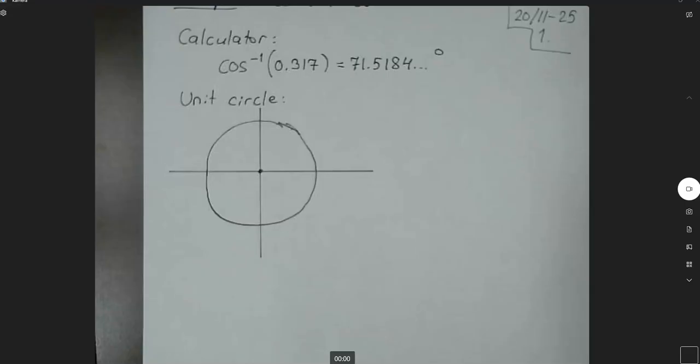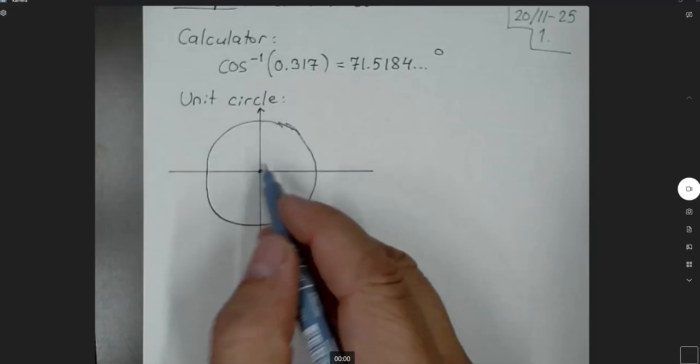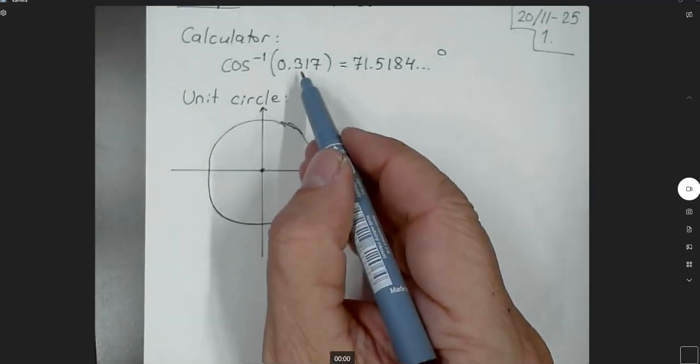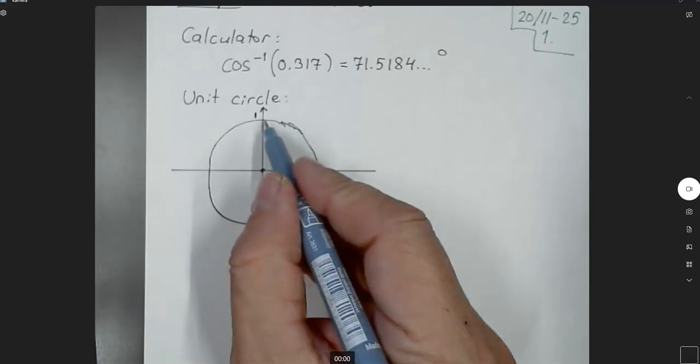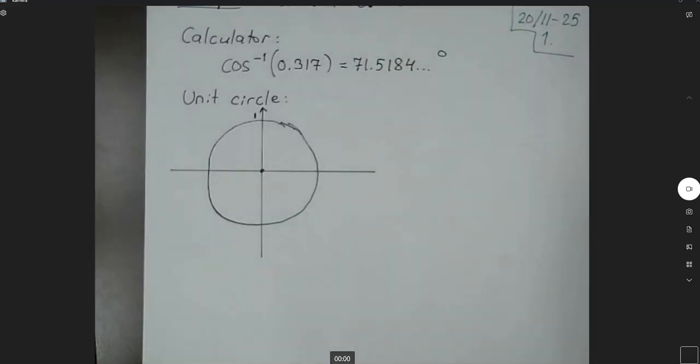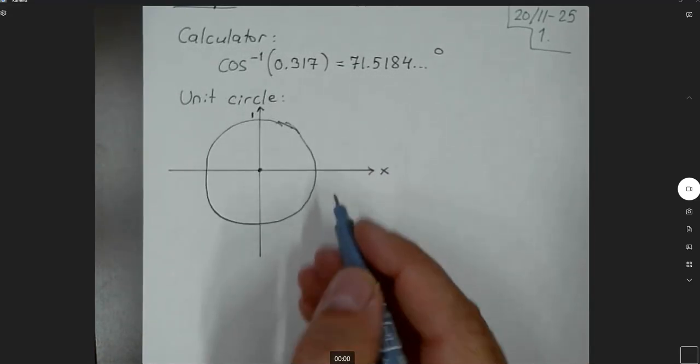Now we remember that the value of cosine we find from the y-coordinate, or the vertical coordinate. Sorry, I said that incorrectly: we are solving cosine, so we will use the x-coordinate. So this is the horizontal coordinate, the x-coordinate.